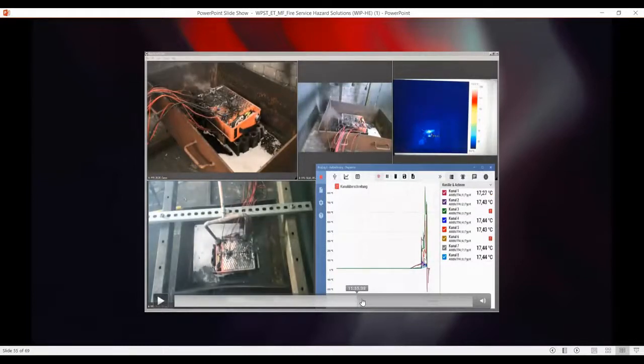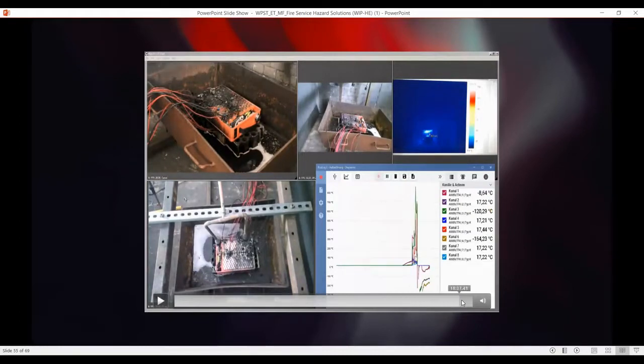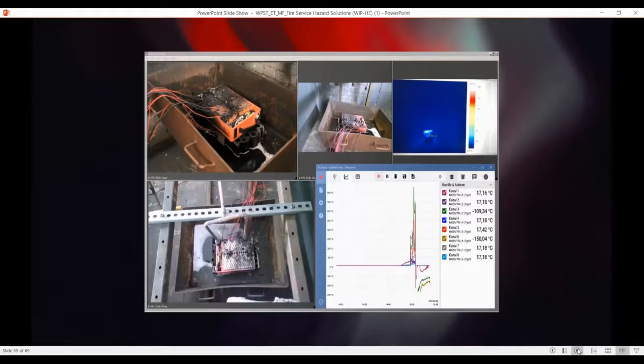And as they continue to let that battery sit there, it just continues to cool. Again, no reignition. As you can see, it completely stopped the thermal propagation; the plastic on the surface of the battery that was holding the cells in place didn't even completely melt.